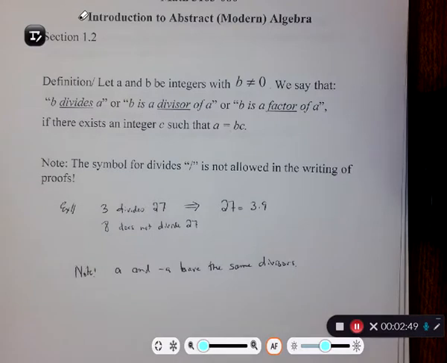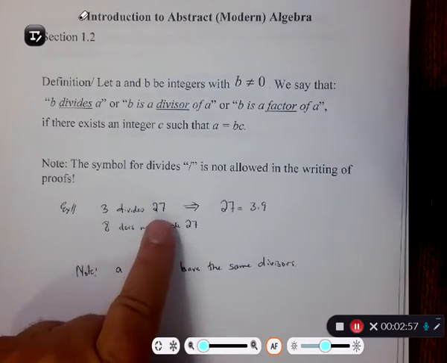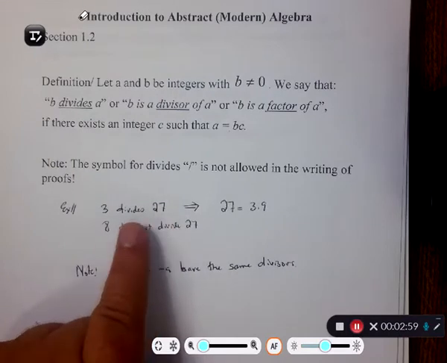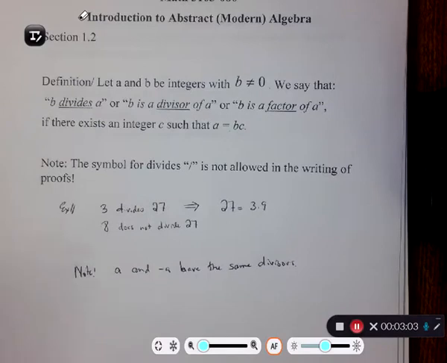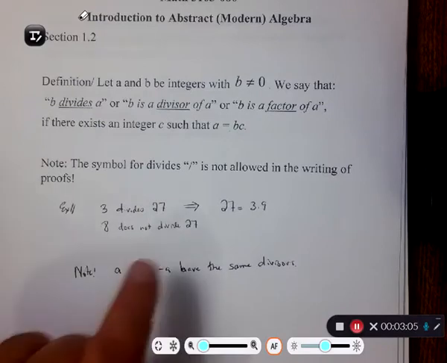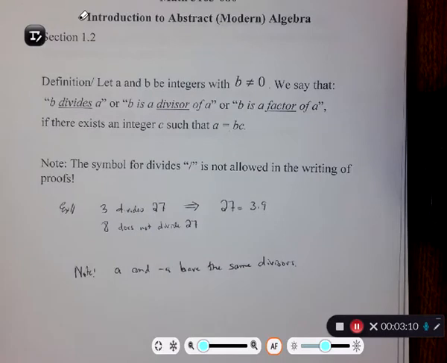Every divisor of a non-zero integer is less than or equal to itself. So if you're talking about the divisors of 27, any divisor of 27 has got to be less than or equal to 27, again assuming that the factor you're looking for is a positive number. And number 2, a non-zero integer only has a finite number of divisors.